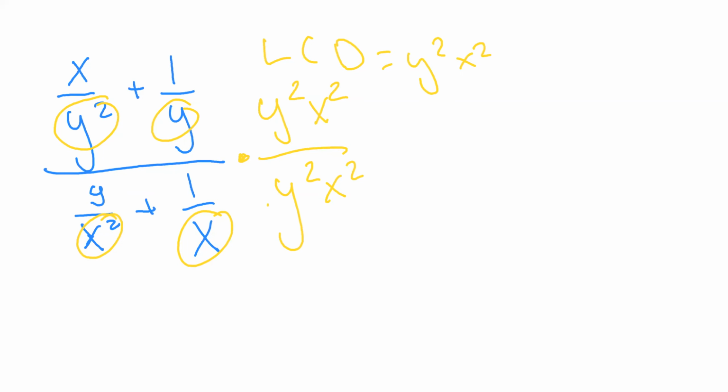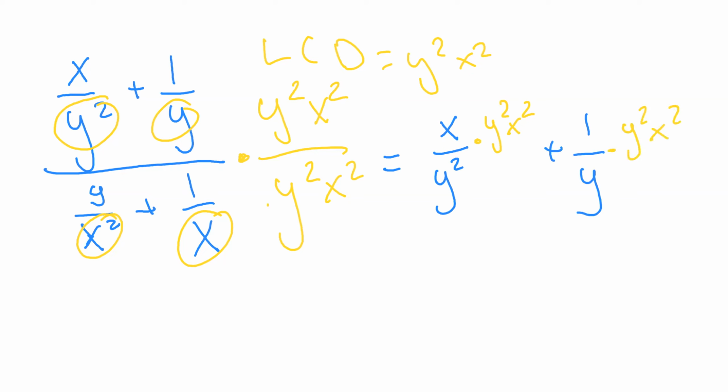But you really don't need that over 1 piece. Right. So now let's distribute everything out. We've got x over y squared times y squared x squared plus 1 over y times y squared x squared. That's our numerator.